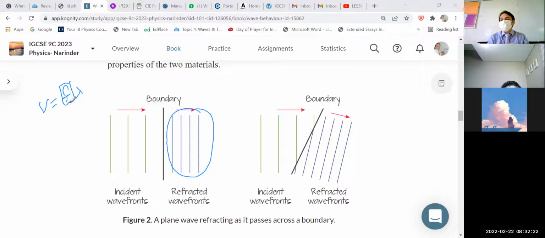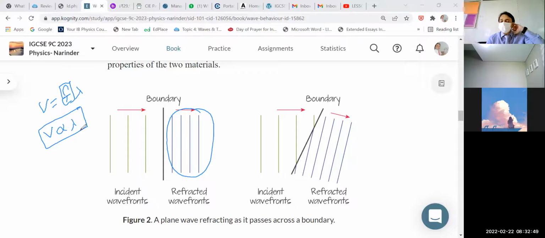Frequency basically means the oscillations, the movement of the particles, will be the same. The wave is propagating backward and forward, the particles are oscillating upward and downward. The number of waves generated per second, the frequency, is always the same. That is constant. If f is constant, then I can write that v is directly proportional to wavelength.